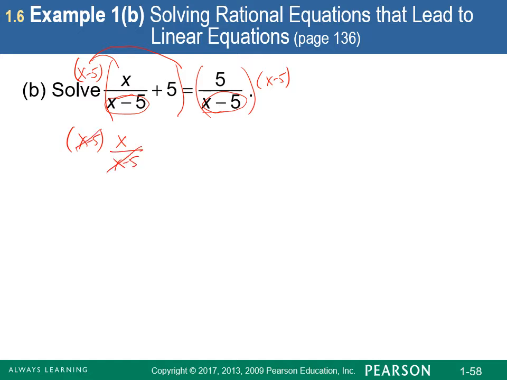The x minus 5's will disappear. Here, nothing cancels, so we just have an x minus 5 times 5, which, when we multiply here, is a 5x minus 25. And on the right side, the x minus 5's disappear, and we end up with just the 5.